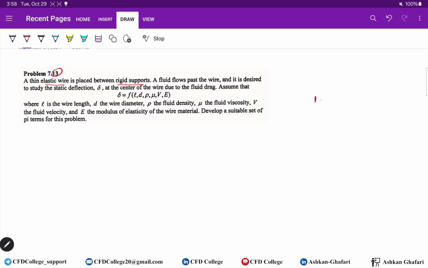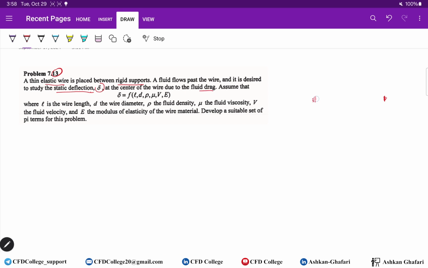So we have 2 supports and we have a thin elastic wire. Fluid flows past the wire, and it is desired to study the static deflection delta at the center of the wire due to the fluid drag.